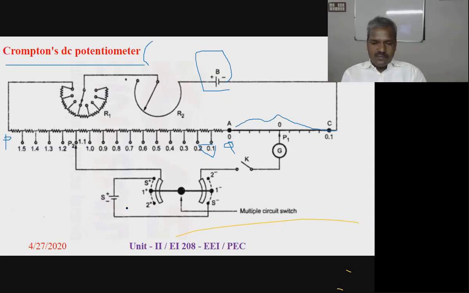Also in this Crompton's DC potentiometer, there's a double pole triple throw, DP-DT, you know. That means this is one pole, this is another pole, but you can have 1, 2, 3 throws. So there are 3 throws.